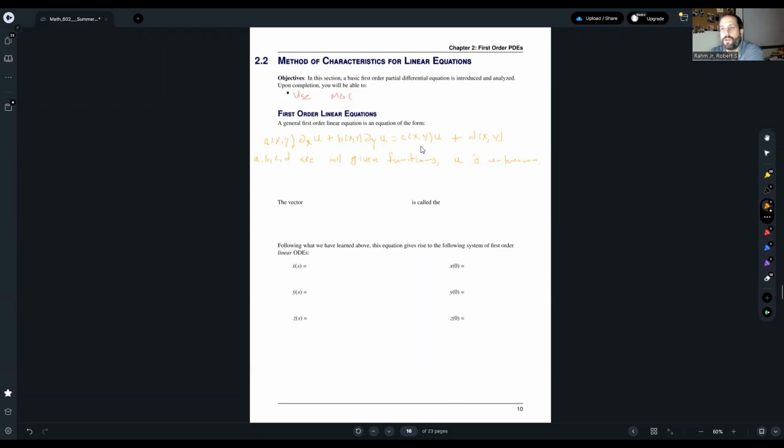And we're trying to solve for u. We're trying to use this equation that relates u and its derivatives to figure out what u is, or figure out some information about u.